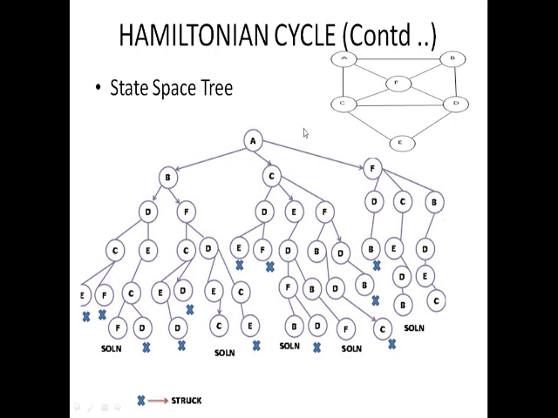Next one is A, C, E, D, F, D. So revisiting of the path is done because D is already visited.